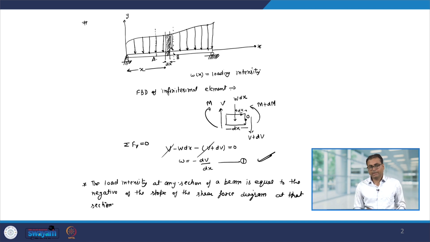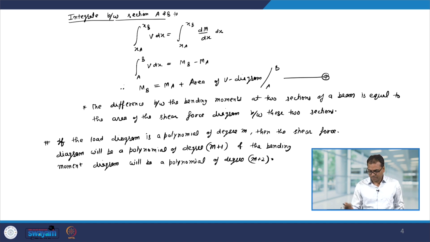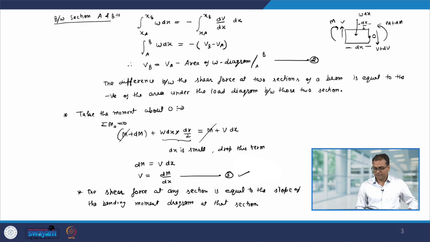So, V will be the integral of w dx, and if w is a polynomial of, let us say, m degree, in that case V, because that is the integral of that, will be of the order of m plus 1, and similarly for the bending moment diagram, because that is the integral of V.